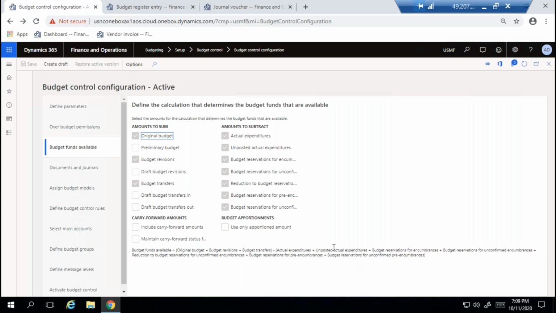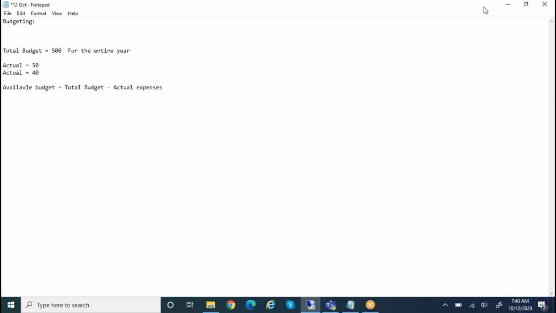Remaining formulas I will explain to you. This is budget amount minus actual expenditure. It is always calculating available budgets in budget funds available. Okay, now, what are the types of budgets available?